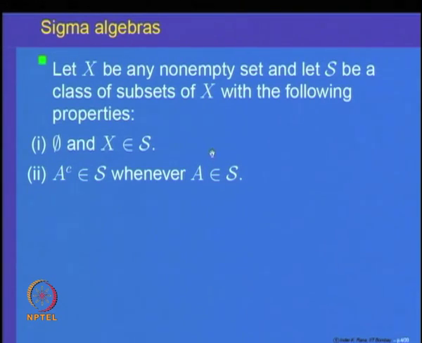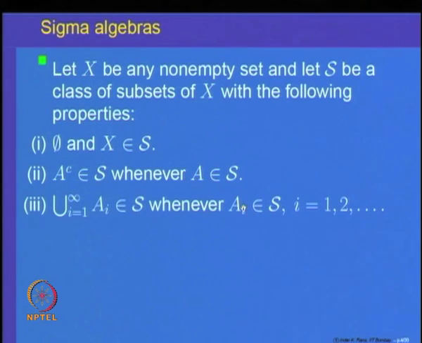So, these two properties are same as were the case for an algebra. The third property is the one which distinguishes it from an algebra. We want that whenever sets A i's are in S, i equal to 1, 2, 3 and so on, that means, whenever you take a countable collection of sets in S, their union i 1 to infinity A i also belongs to S. That means, the collection S is closed under taking countable unions also.